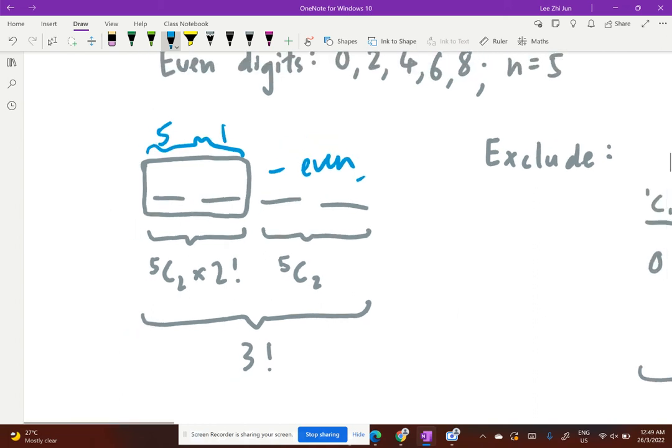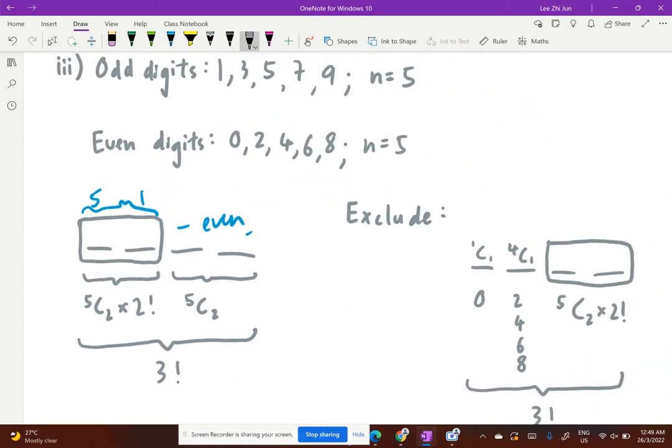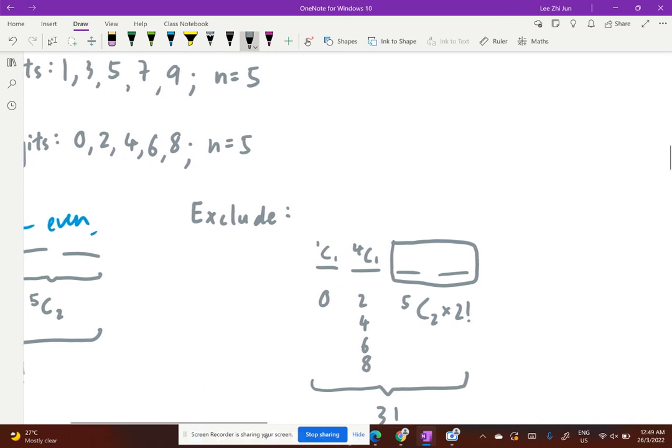However, there's a problem, because the zero cannot be here, right? If zero is here, it will be a 3-digit number. I want 4 digits, so I need to exclude one case, which is zero as the first digit. So for the other even number, I have 2, 4, 6, 8 left, so C1.